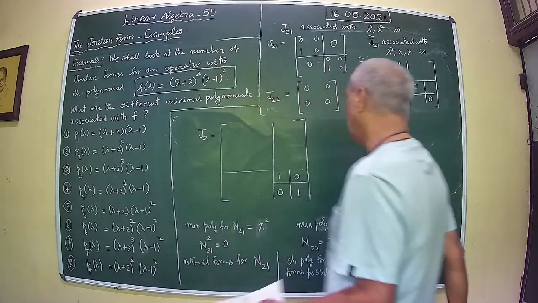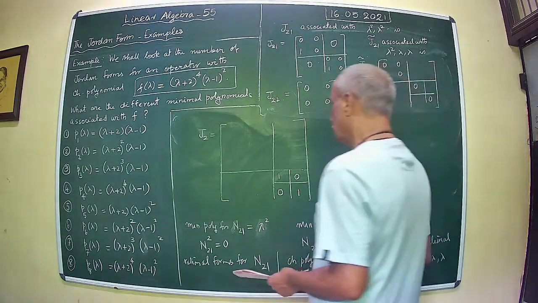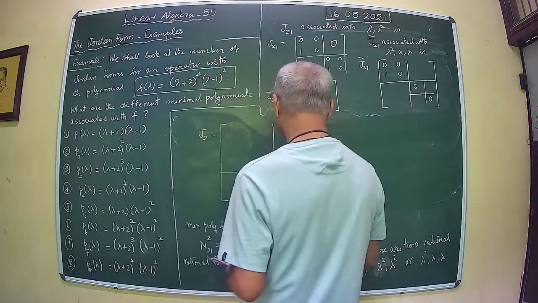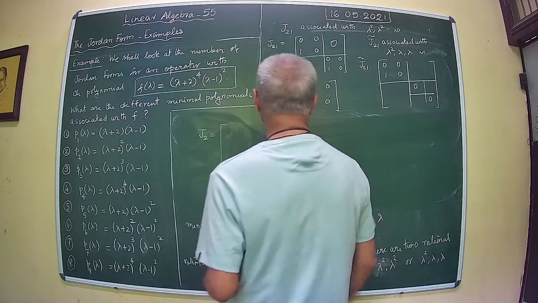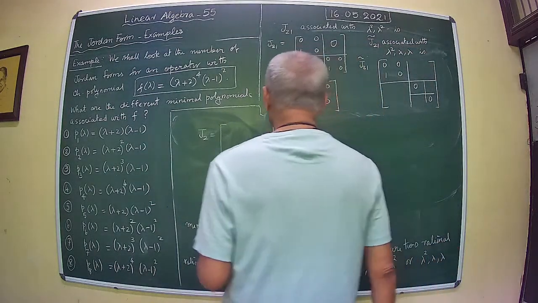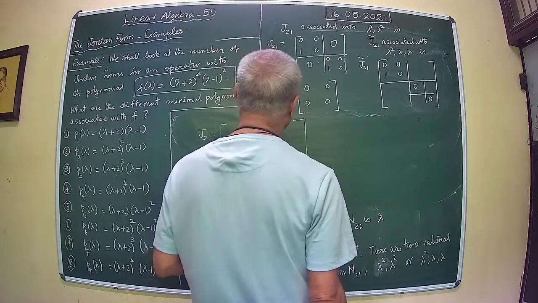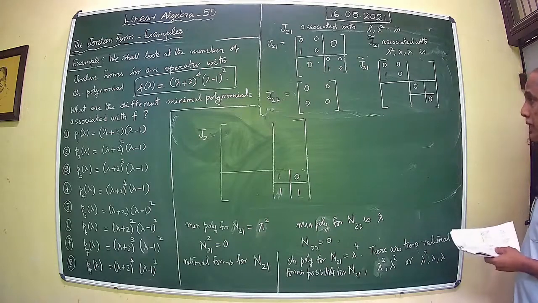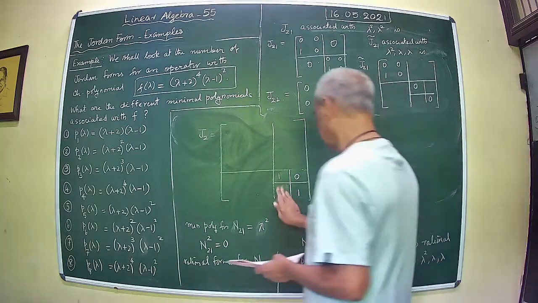This is the form. No, sorry. This one corresponding to J21. Then you have, okay, J22 is essentially corresponding to, so this is this.